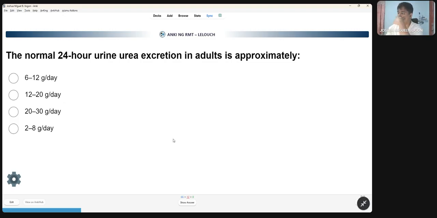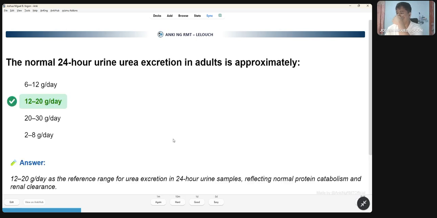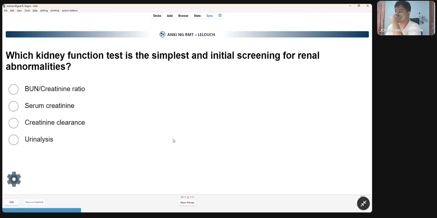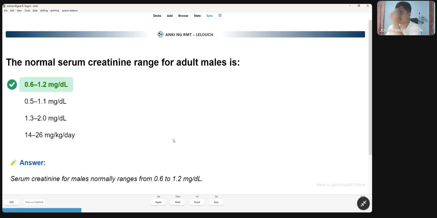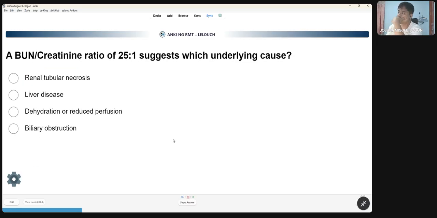Normal serum is 0.6 to 1.2. That depends on the length of digestion.